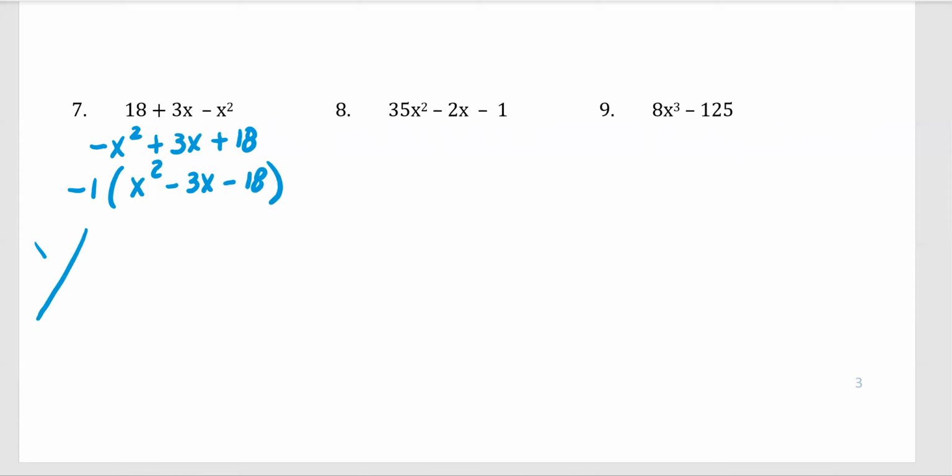I'm going to find the factors of -18 that add to -3. -6 and 3. So my factors are x minus 6, x plus 3, but we must have that -1 in front.